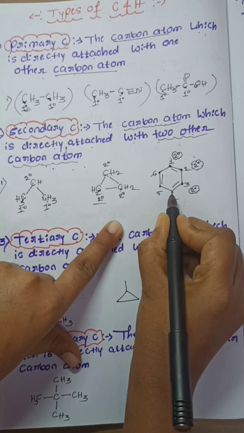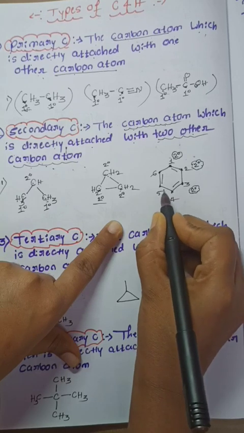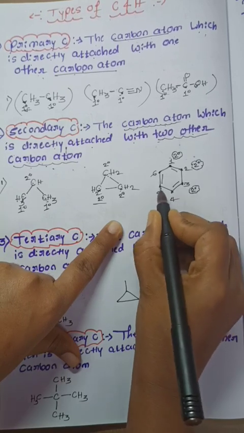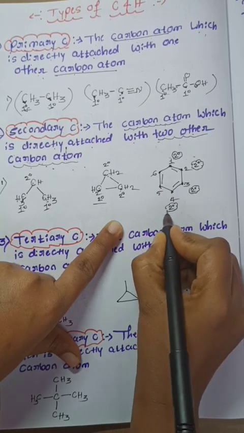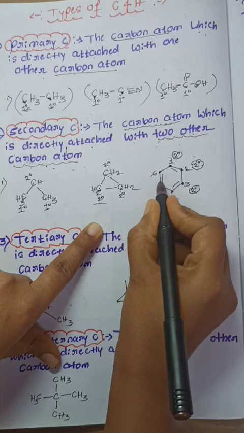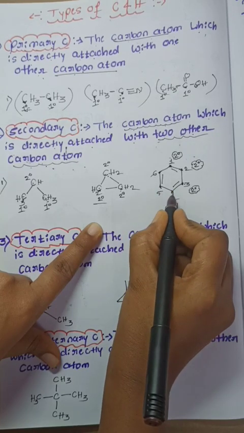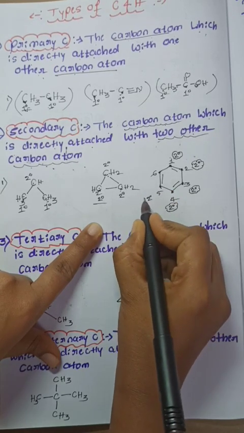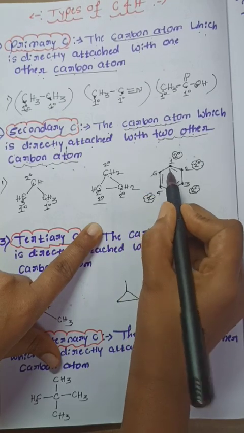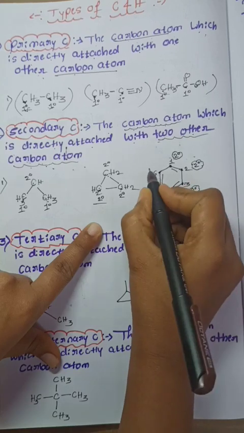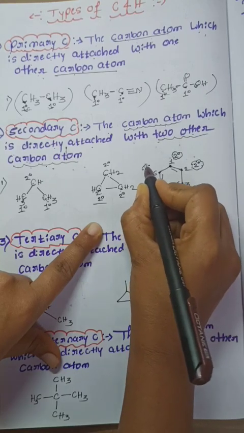Similarly the fourth carbon is directly attached with two more carbons, the third carbon and the fifth carbon, so the fourth carbon is secondary carbon. Similarly the fifth carbon is attached with two more carbons, so this one is also secondary carbon. And the sixth one makes a direct bond with the first carbon and the fifth carbon, so this one is also secondary carbon.